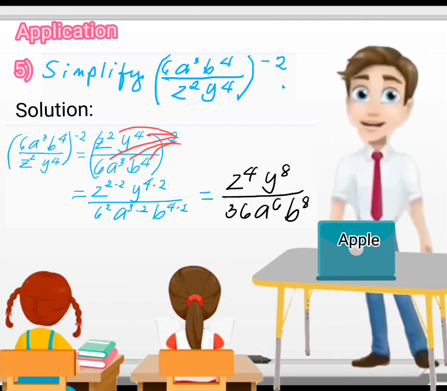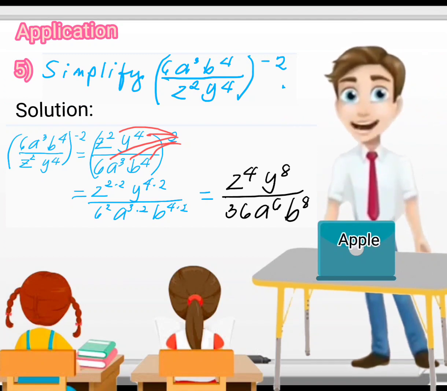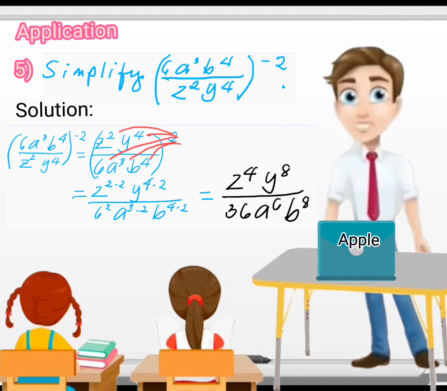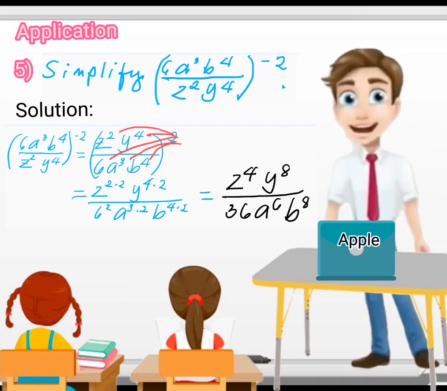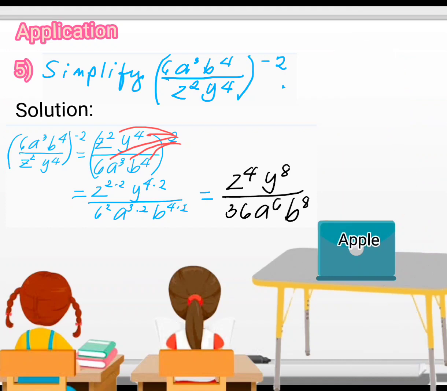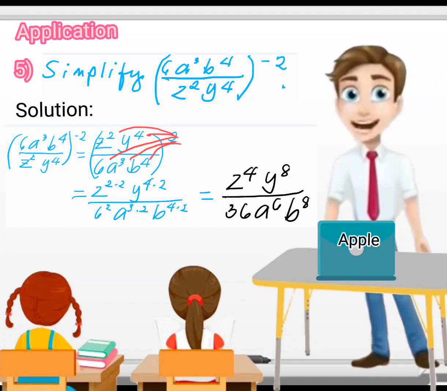So we are now in our final problem, which is number 5, and we're going to simplify the quantity 6a cubed b raised to 4 all over by z squared y raised to 4 raised to negative 2. And to address this type of problem, since we have a negative exponent, we're going to take the reciprocal of our base.